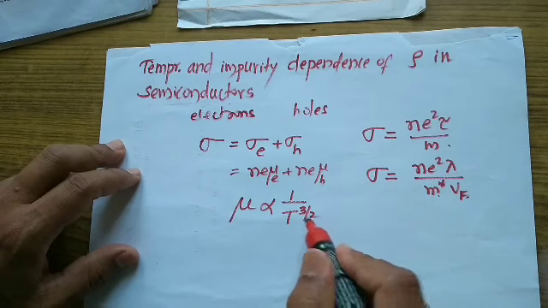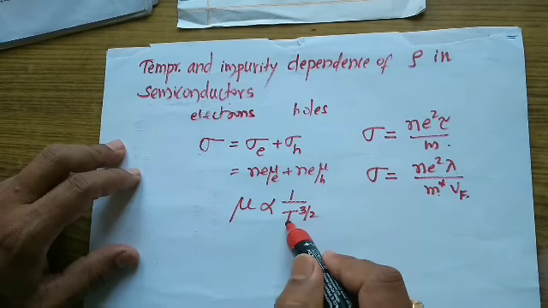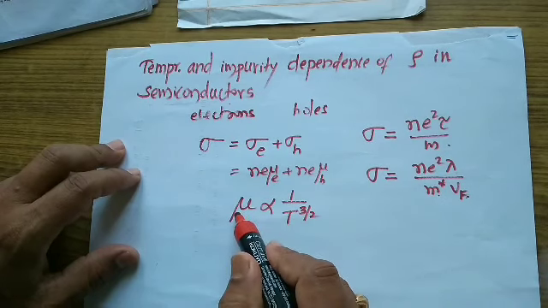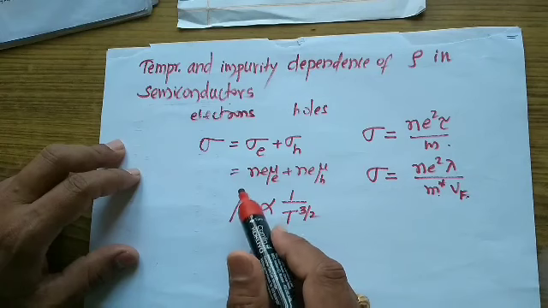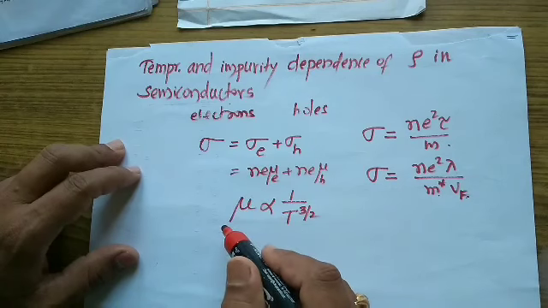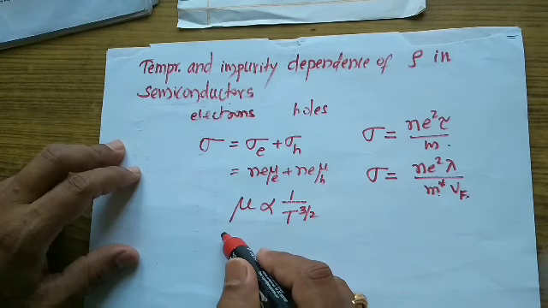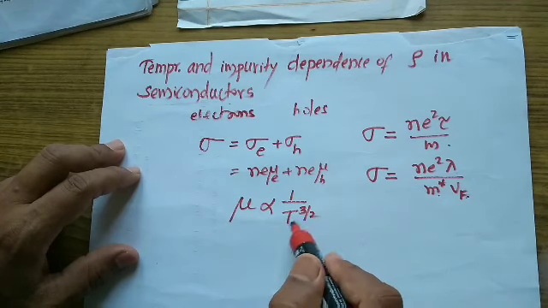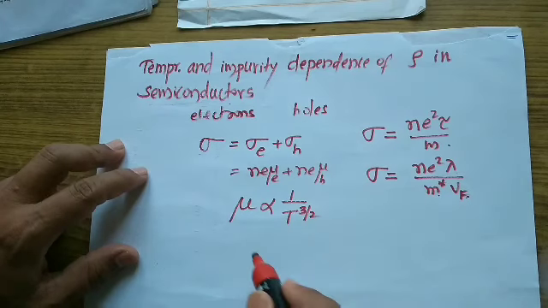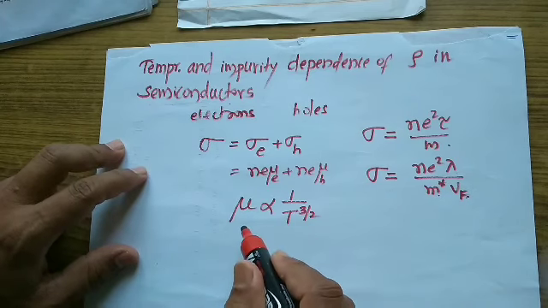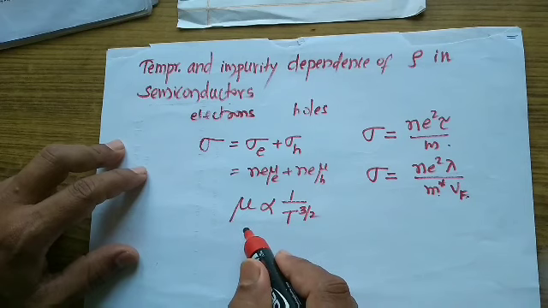Mobility is inversely proportional to temperature, meaning with decreasing temperature mobility has to increase. If the mobility increases, conductivity has to increase. But it is observed that the conductivity decreases with decreasing temperature. That means with decreasing temperature, resistivity increases in a semiconductor.